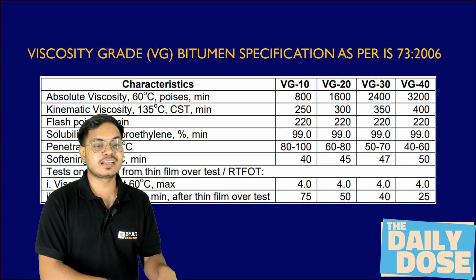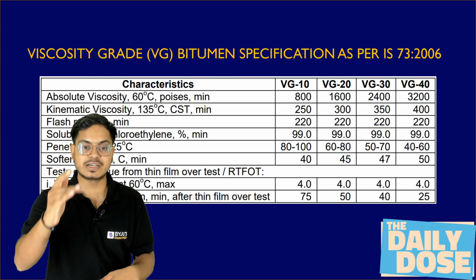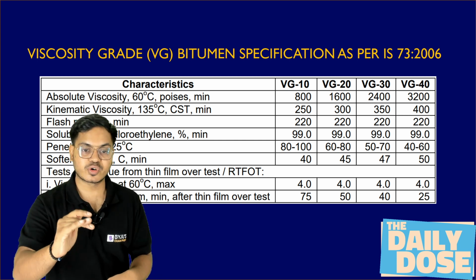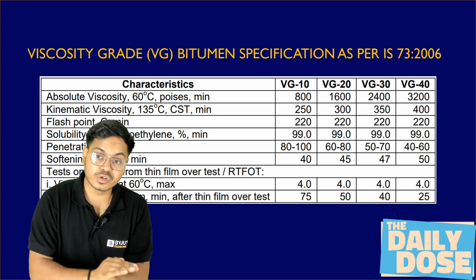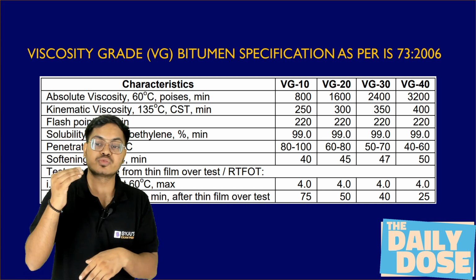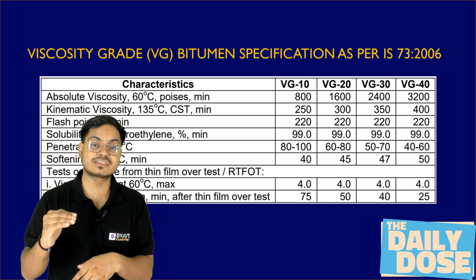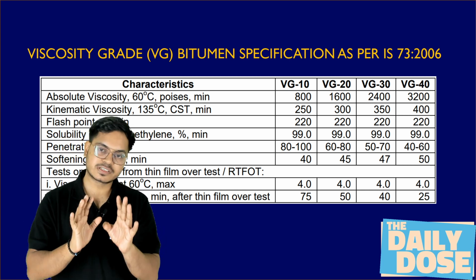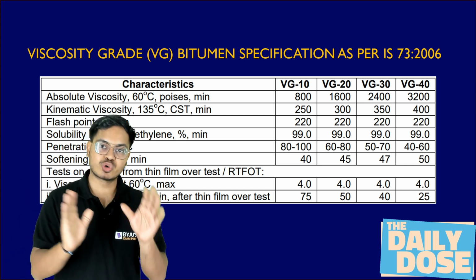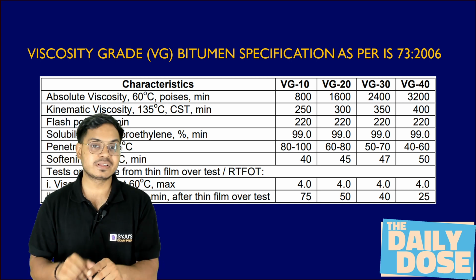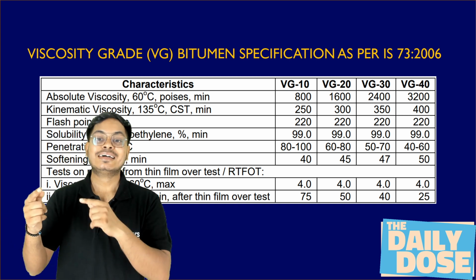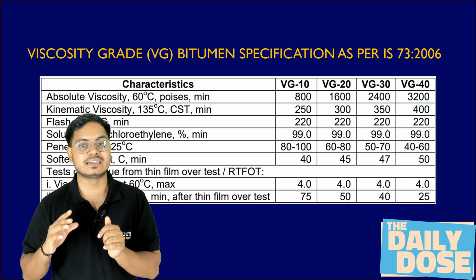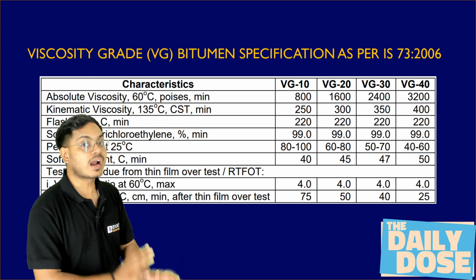For that, we will carry out testing. We will carry out flash point test, solubility test, penetration test, softening point test, viscosity test. We know for VG30 the values should be 220, 99, 52, 70, 47. If the values come under the permissible limit, then very good, we will unload the truck. But if it doesn't happen, then we will ask the company to change or replace the material because it is not appropriate as per our demand.